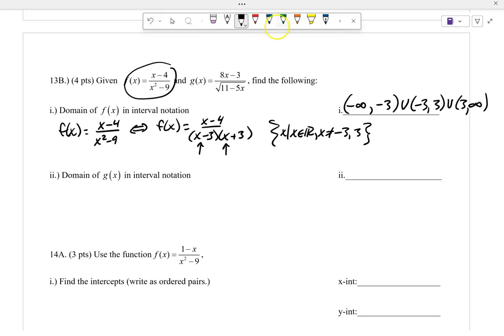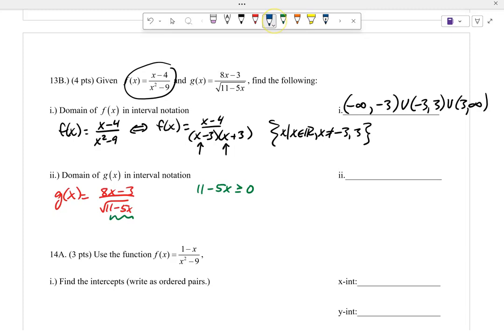If I'm looking at this next one, I've got g of x, I've got an 8x minus 3, but I've got a square root. Well, that kind of throws a wrench in things, because with a square root, remember, we're taking the domain in the real numbers. I can only take a square root of things that are greater than or equal to 0. So normally, I would say greater than or equal to 0, because I can take the square root of 0.